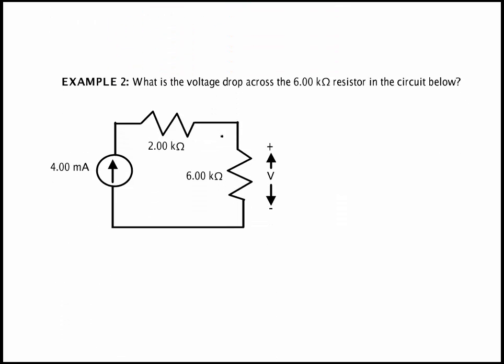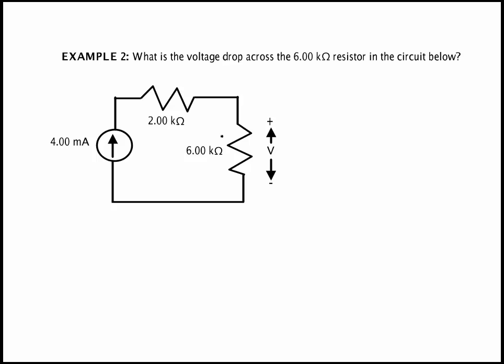Here's a different problem. What is the voltage drop across a 6 kΩ resistor in the following circuit? Well, what's important here is what we learned earlier about being in series. These two elements, this power supply and that resistor, are in series. So I know there's 4 milliamps in this constant current supply. If it's in series, there's 4 milliamps going through this resistor. But this resistor is in series with that resistor.